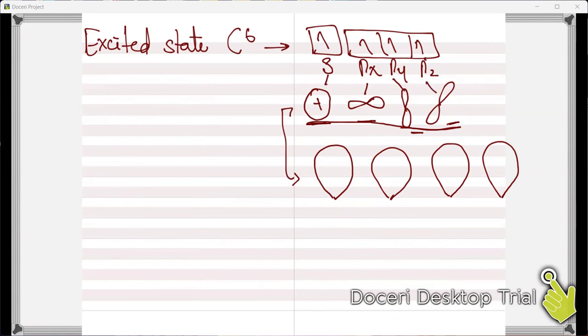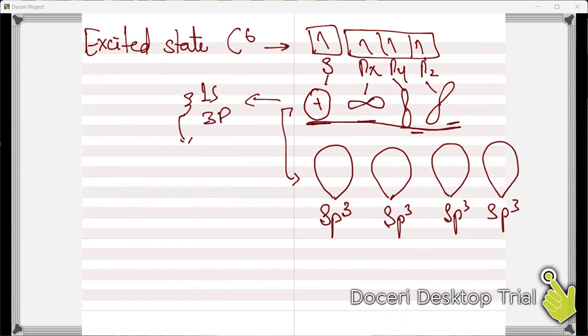But now these four orbitals have joined together and ended up as something called sp3, because they are the combination of one s and three p orbitals: sp3, sp3, sp3, and sp3. Since one s and three p orbitals merge together and form four different orbitals, this hybridization is known as sp3 hybridization, where orbitals of different shape and different energies combine together and form orbitals of the same shape and same energy. Are we clear so far?